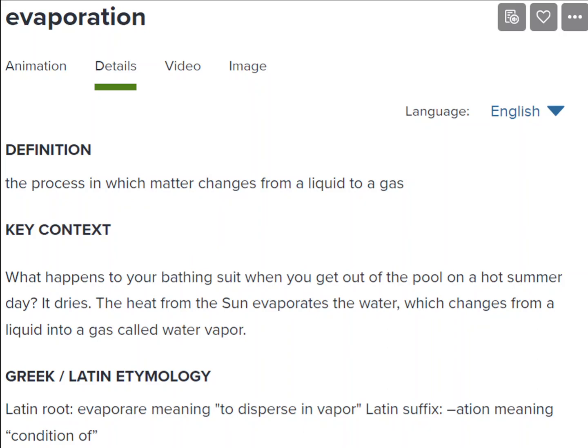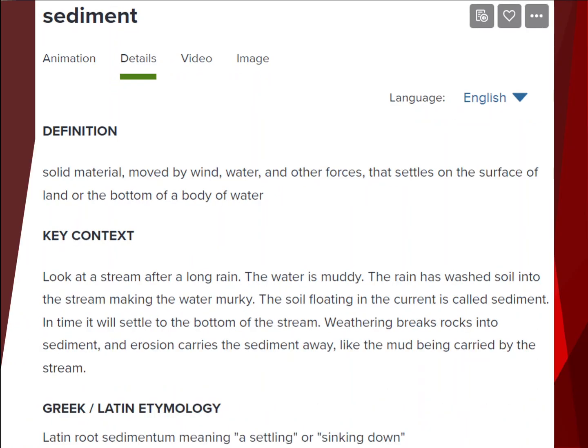For example, did you know that iron can evaporate? Yes, it is possible to melt iron and then have that liquid iron transition into the gaseous state. Not very common on Earth, but it does occur in other places in our solar system.